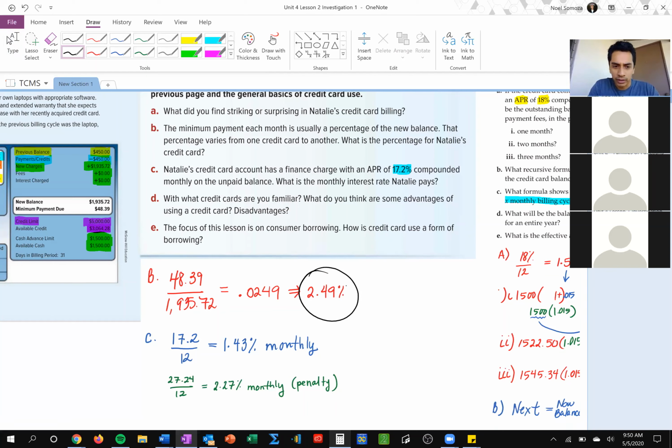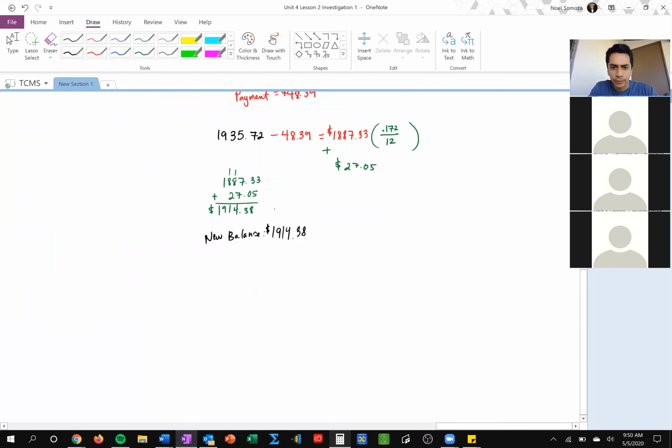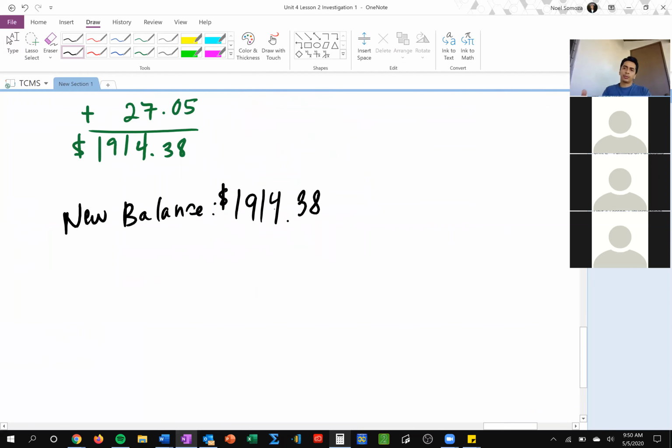So for us, because we have a new balance here of 1914, we need to know how much is 2.49% of this new amount. If the minimum payment has to be 2.49% of the new balance, then we can take this minimum payment percentage, turn it into a decimal, and multiply it by the new balance here.